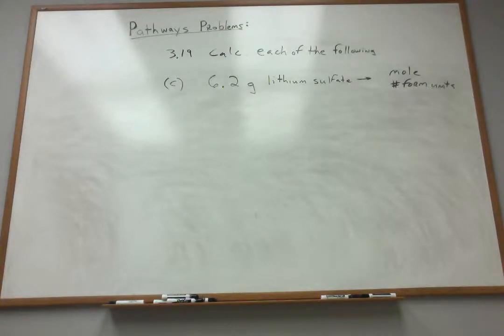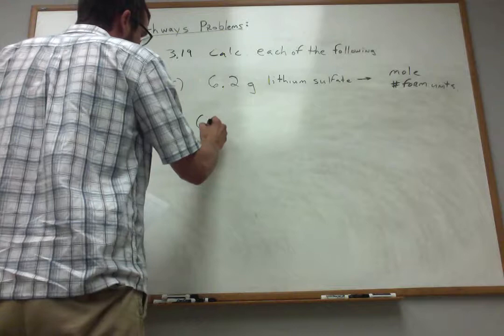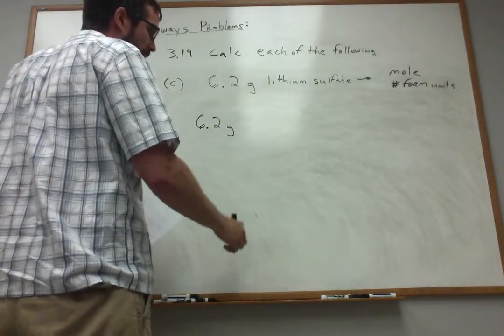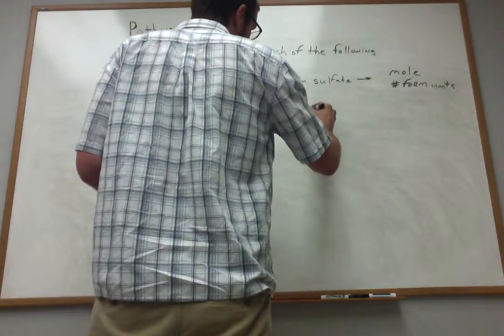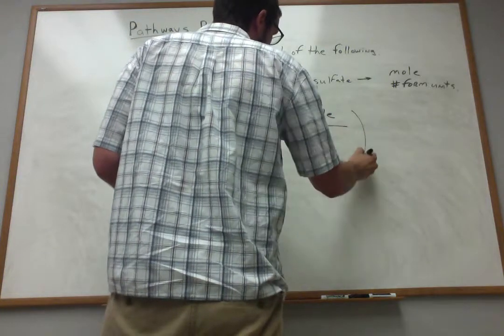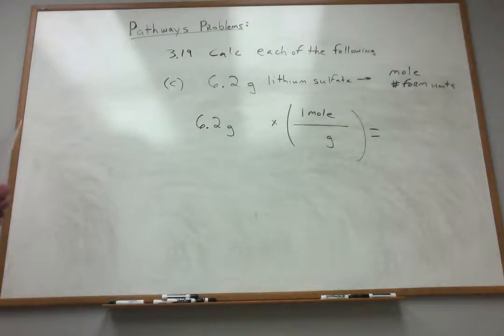So how in the world can I do this? Well, I've got a mass. It seems like we've done some grams to moles conversions before. To accomplish that, we divide by the molar mass.